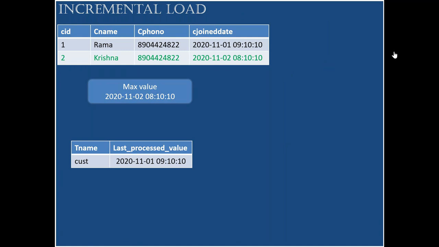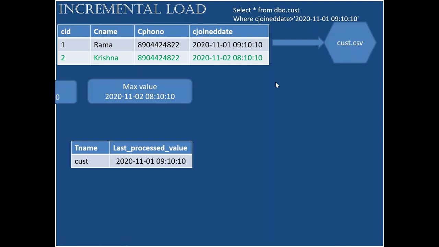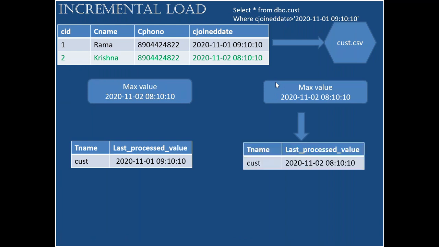That is the second record, correct? So I'll take that and update to 11-02, because now the second record is also copied. Now I will update my last processed value from 11-01 to 11-02.